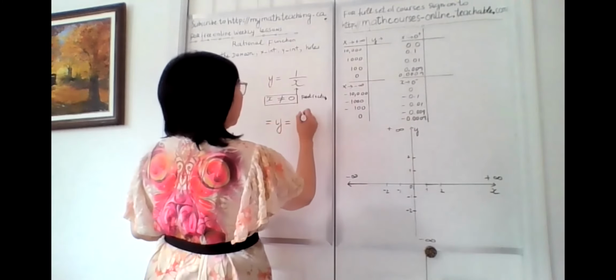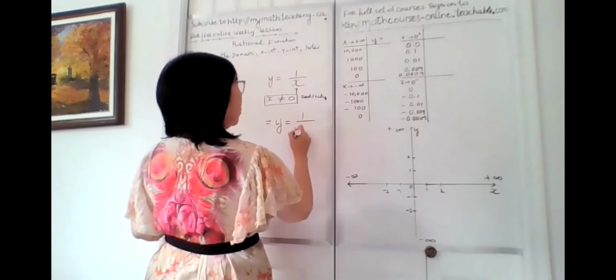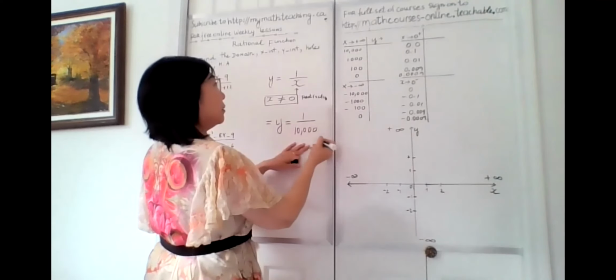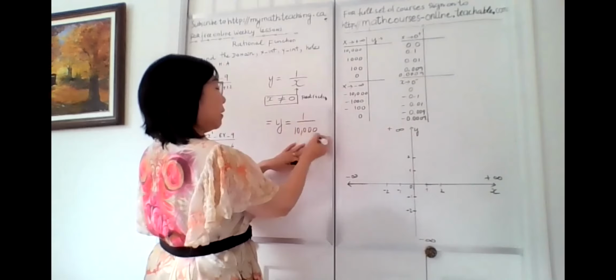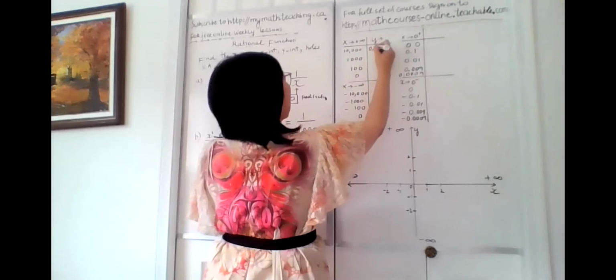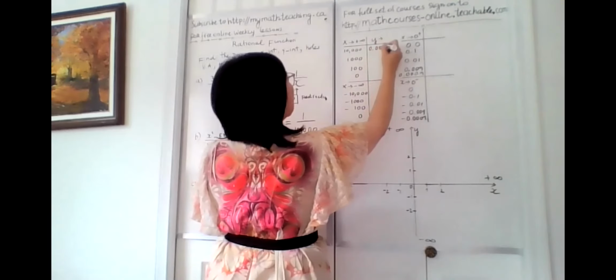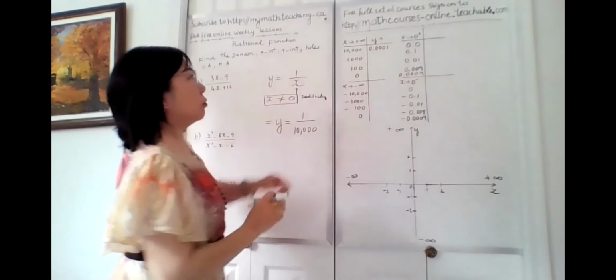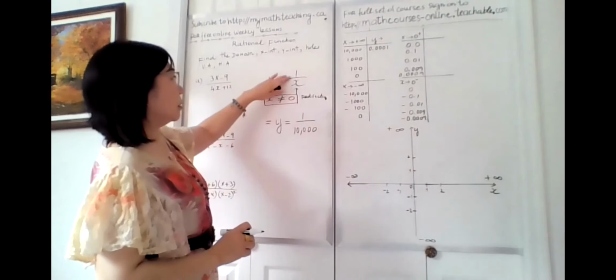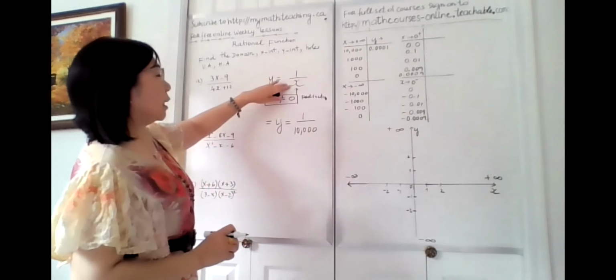The y value will be equal to 1 over 10,000, right? It means that the y is 1 divided by a big number, so the y value becomes 0.0001. That's the value if we divide 1 by this x, because this is the y function, 1 over x.